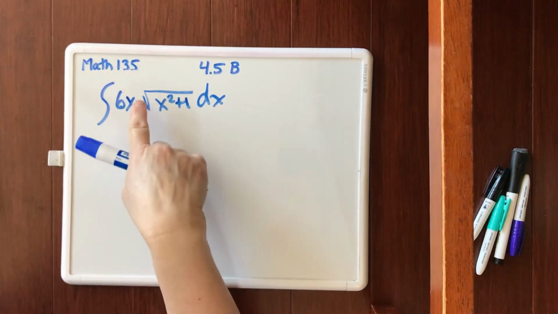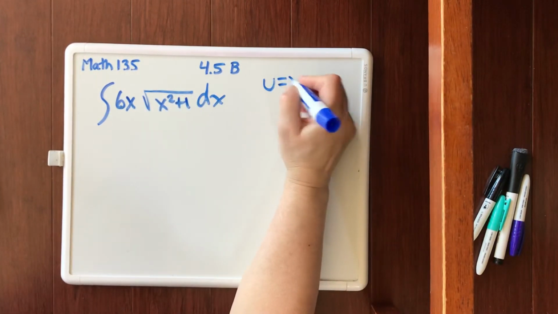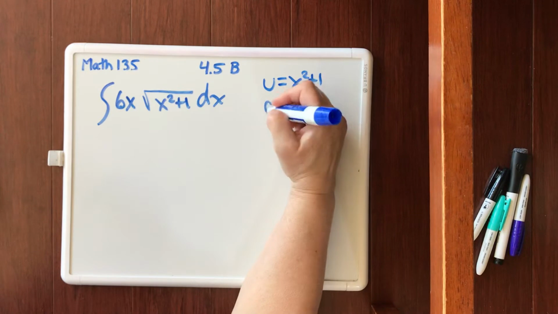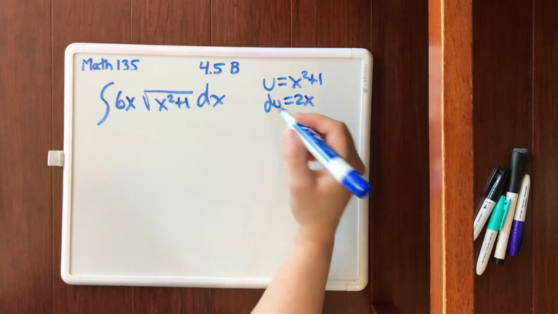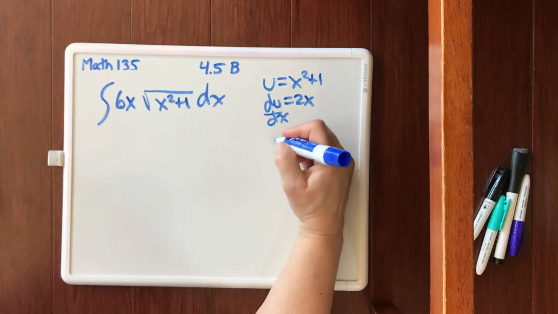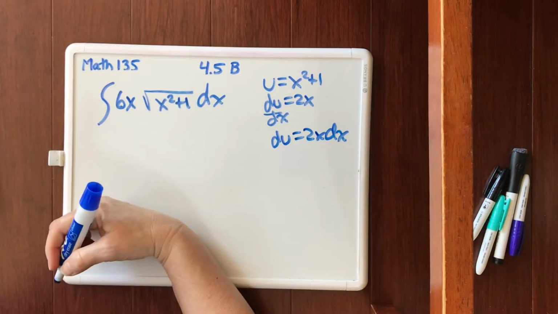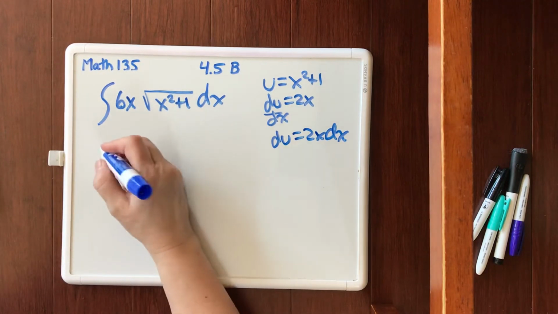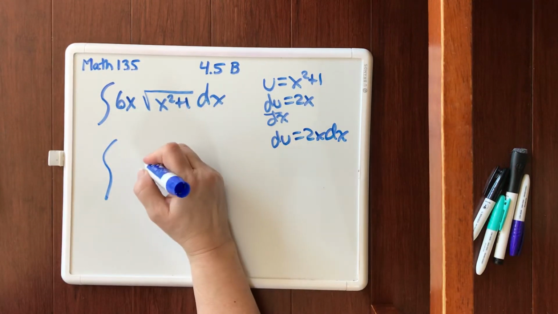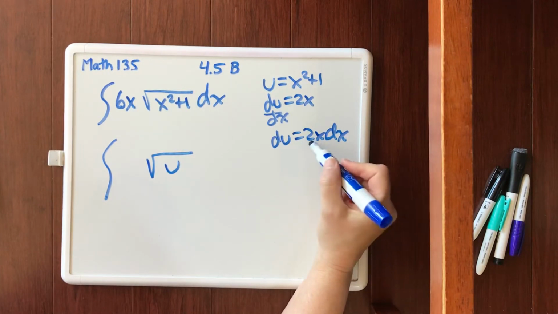Since you have this underneath the square root sign, we're still going to let u equal x squared plus 1, and du/dx is 2x, so du is 2x dx. Well, we're going to integrate. We put our u under the square root sign. But wait a minute, our du is only 2x.